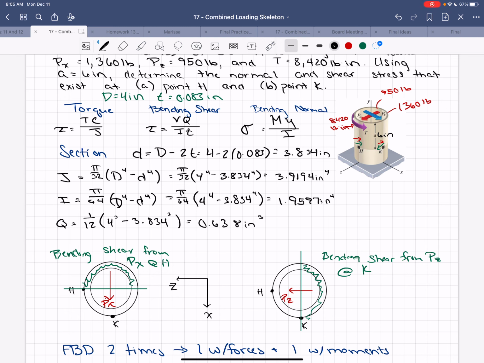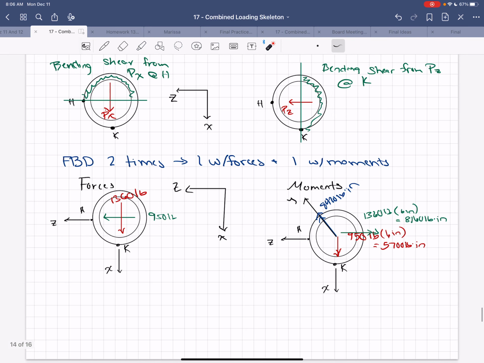This bending normal stress around Z is going to come from PX. So it'll be the 1360 times 6. This one, the 8160 pound-inch moment.